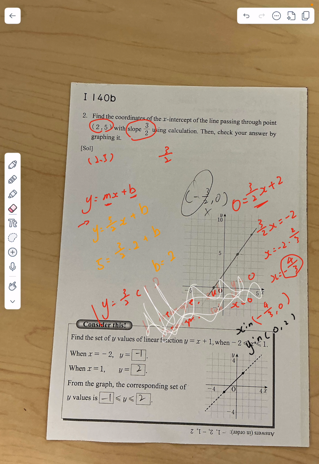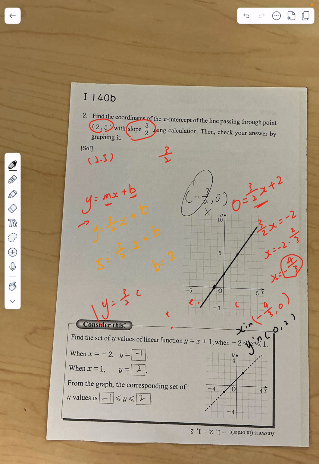I will find out where (0, 2) is, which should be somewhere over here. And then also (negative 4 over 3, 0). All I need to do is connect these two points together. There you go. That basically is how we draw it.